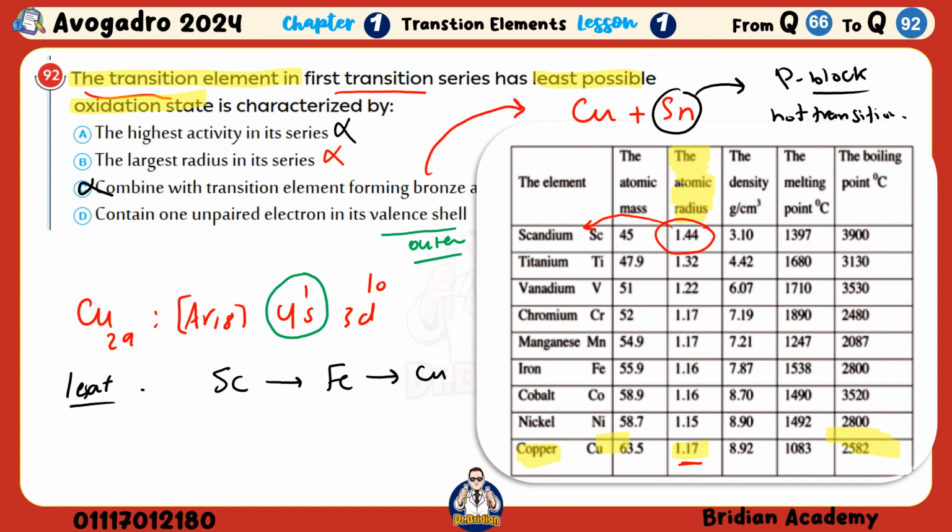The three terms have the same meaning: valence shell, outer shell. So in 4s1 it has 1 unpaired electron. Yes, so it is the correct choice. It refers to 4s1, which contains 1 electron, so it is an unpaired electron. So letter C will be our choice.